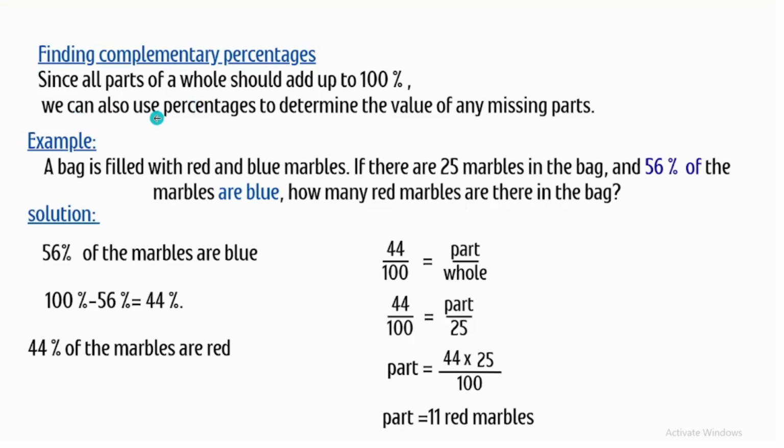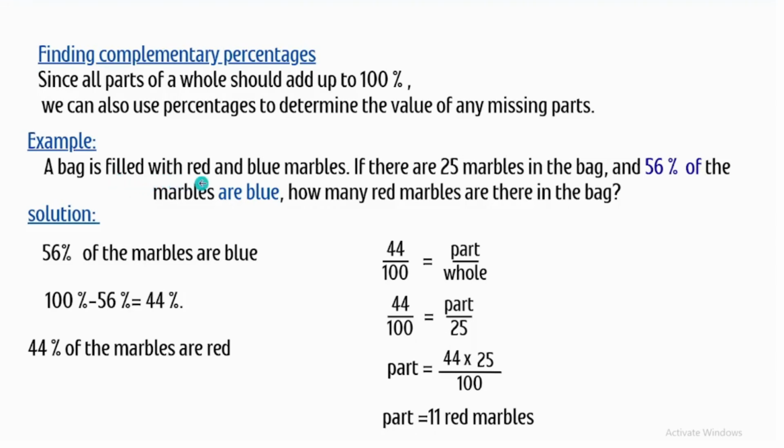We can also use percentage to determine the value of any missing parts. A bag is filled with red and blue marbles. We have to read every question very carefully. Every letter and every word here has a meaning.